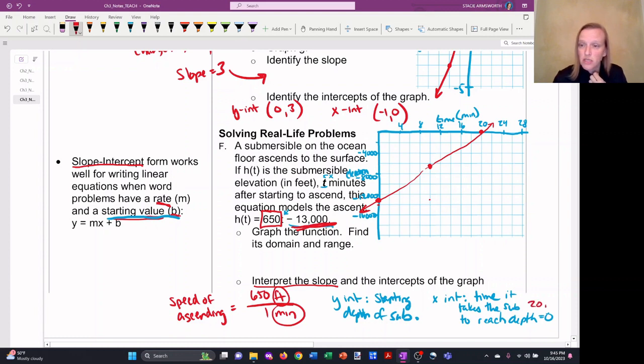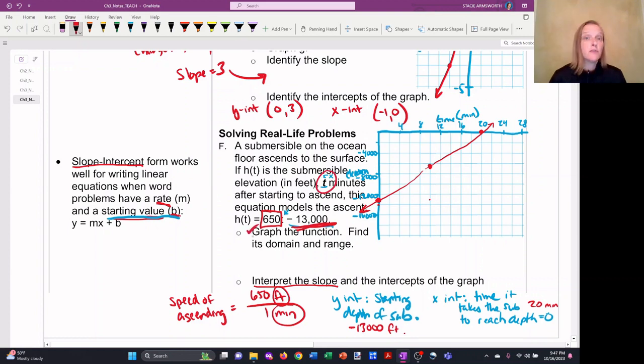It takes the sub 20 minutes to reach that ending depth of 0. The starting depth of the sub was negative 13,000 feet, and the sub increased in elevation at a rate of 650 feet per minute.